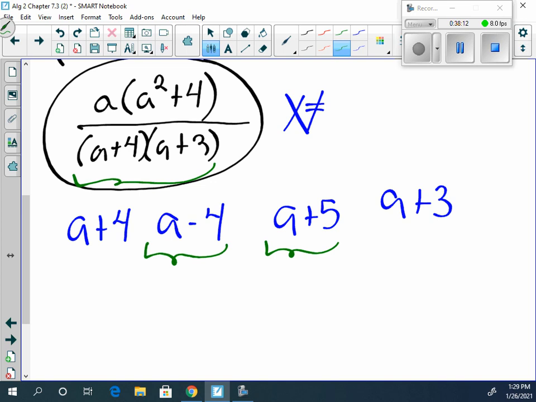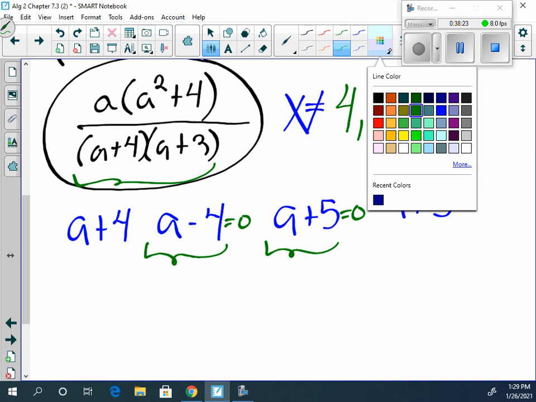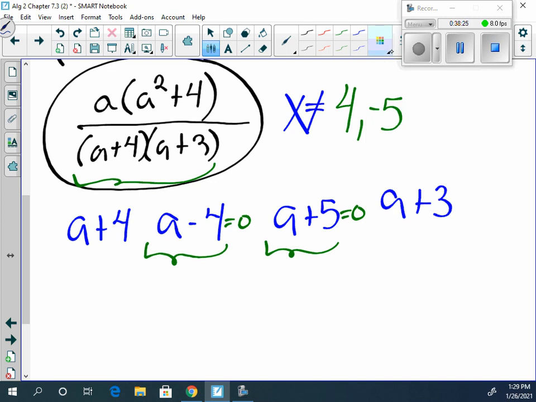So a minus 4, what's going to make this equal to 0? Well, that would be 4. And for a plus 5, I'm going to get a nice purple. Because for me, I'm still going to go on and list these 2 here. Because for a plus 4, it would be negative 4.